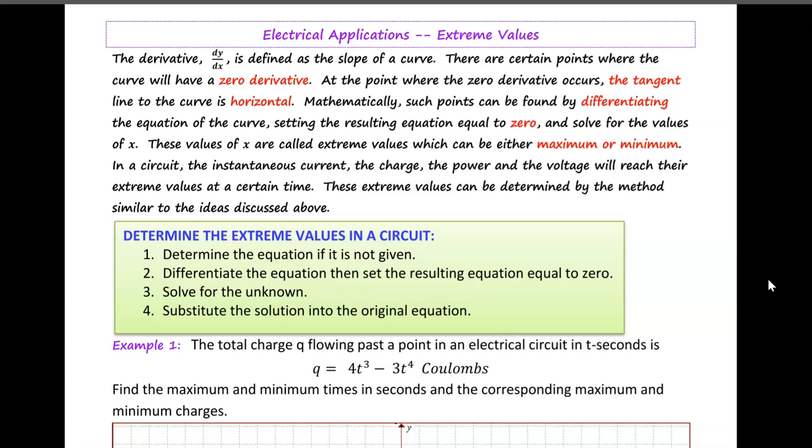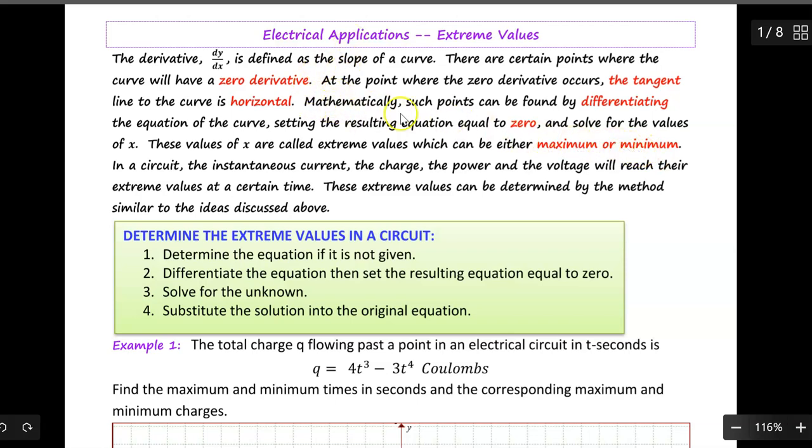Hello everyone. In this lesson, we will work with extreme values and expand the idea of extreme values into electrical electronics applications. So how does extreme value relate to electrical electronics? First of all, extreme values represent maximum or minimum points.